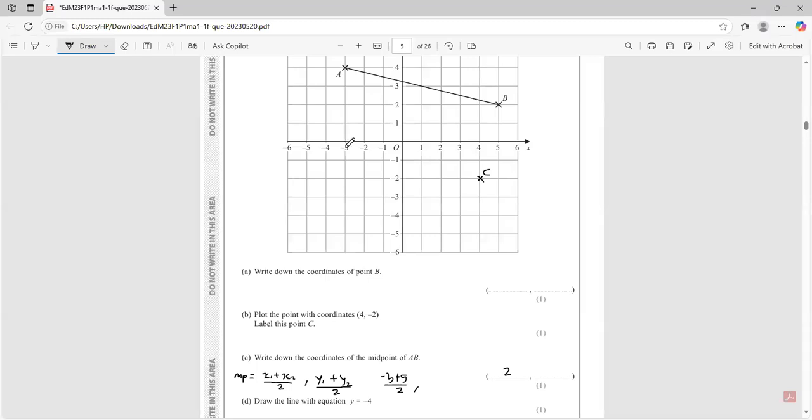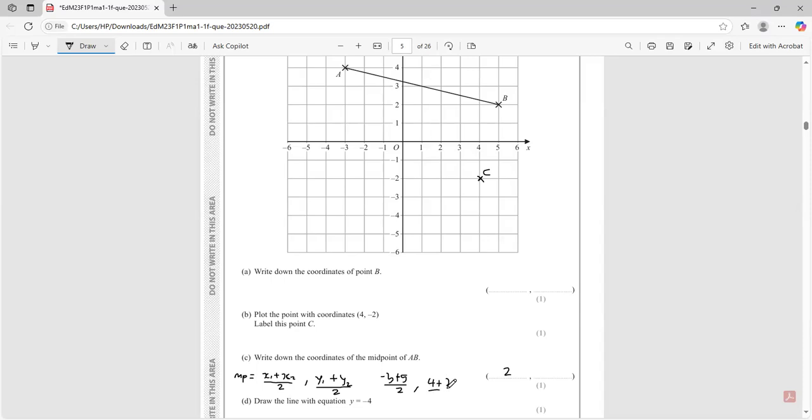The y coordinate for A is 4, and for B is 2. So 4 plus 2 will give you 6.